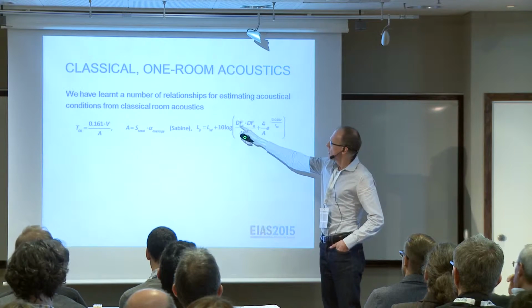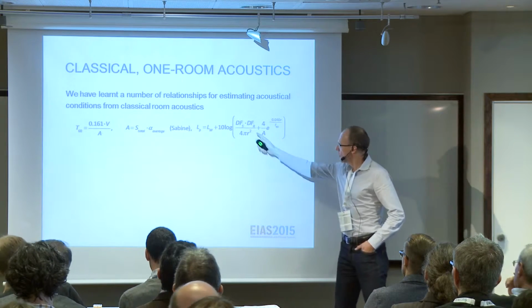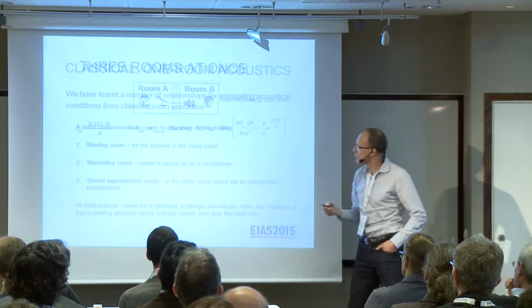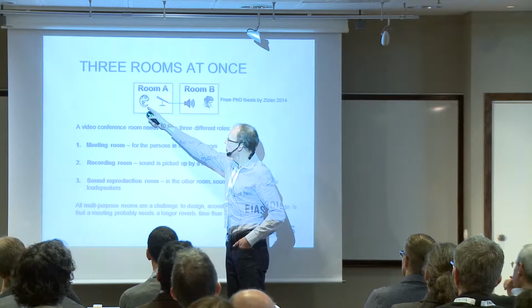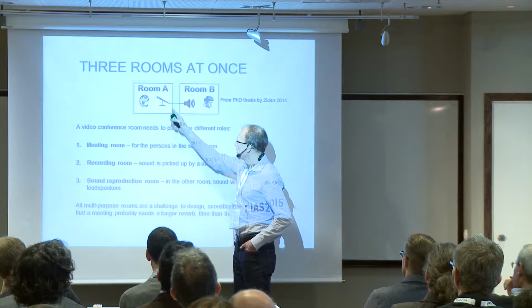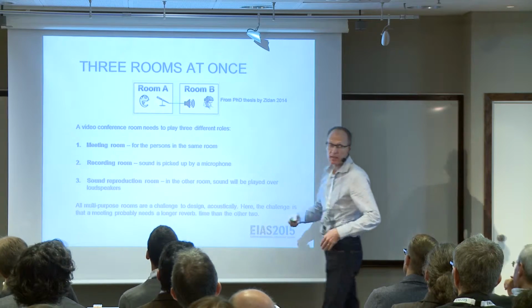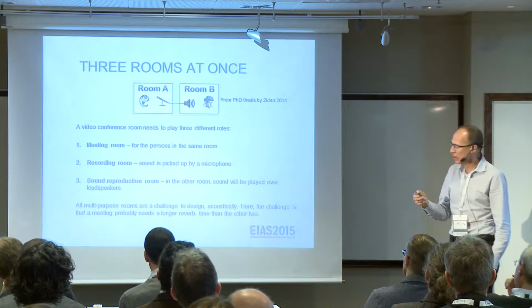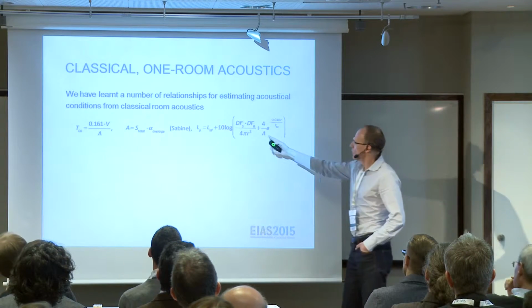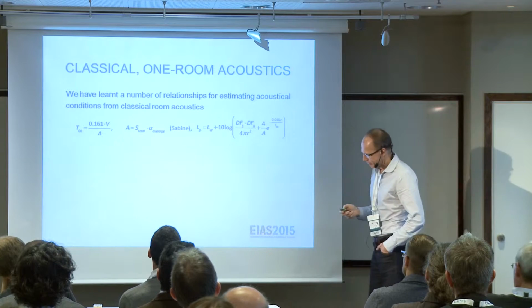Here I have inserted directivity factors for the source and the receiver, because in this situation we have a source which could be a talker or a loudspeaker, and we have a microphone which can be not a measurement microphone but actually a directional microphone. So we need to take both of those directivities into account.